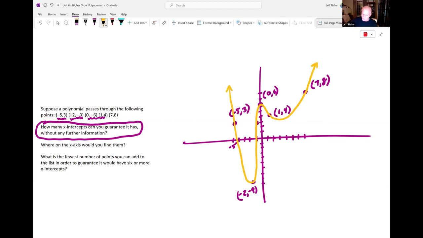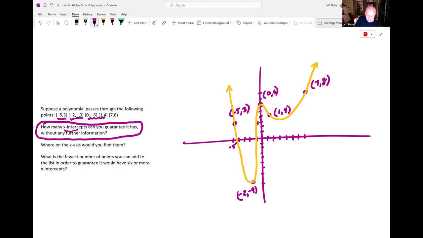Now, we don't really know what happens in here. Maybe it goes all the way down and goes through the x-axis again. We don't really know that.